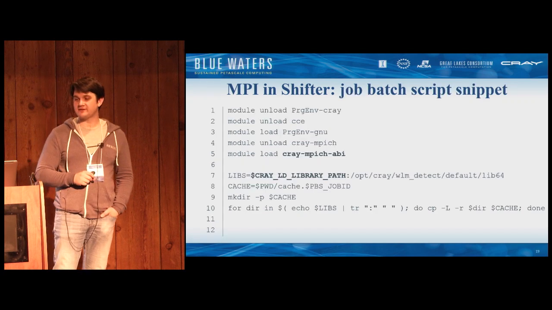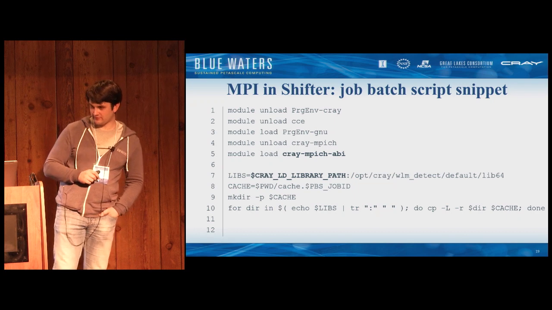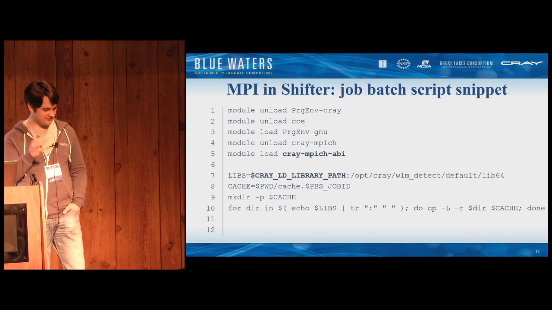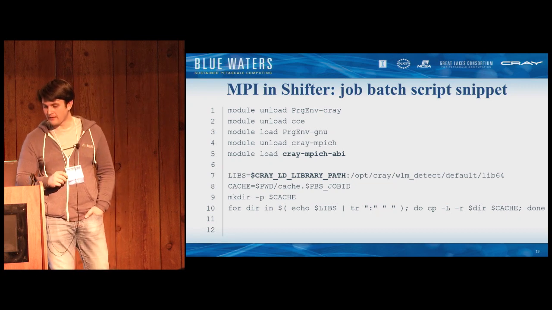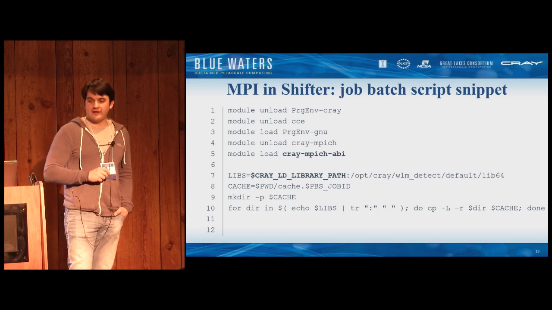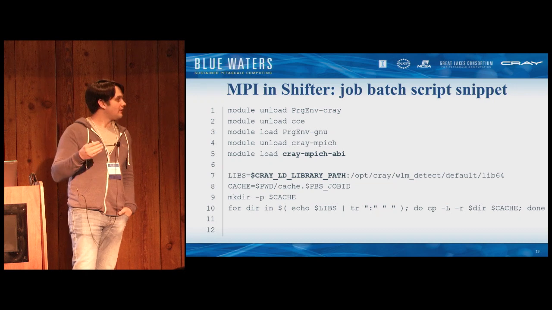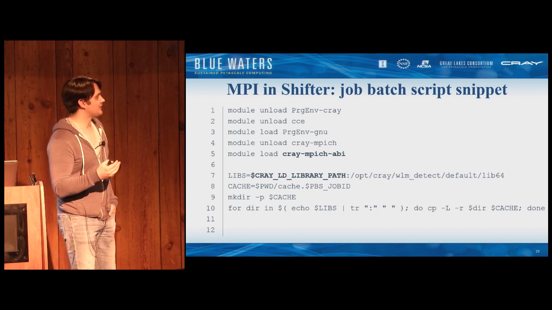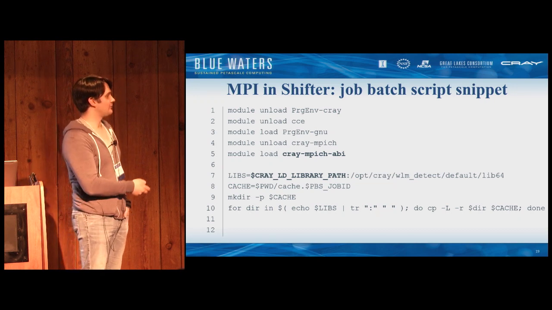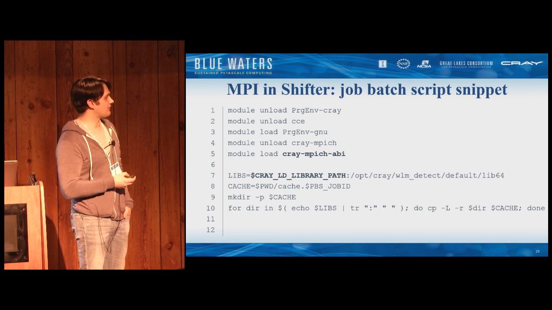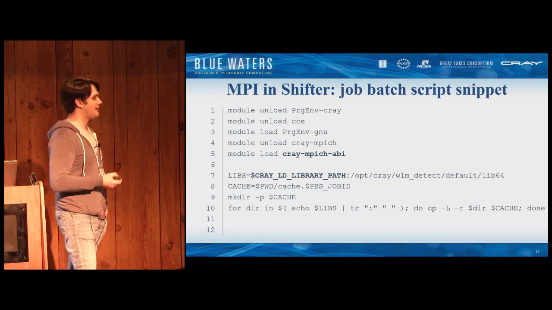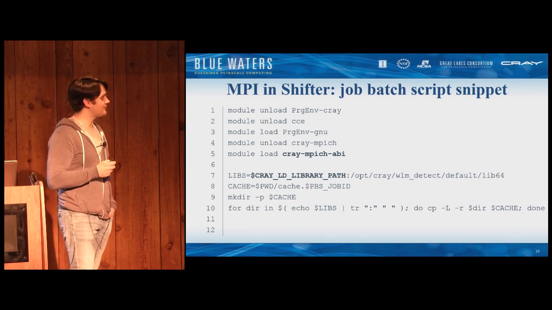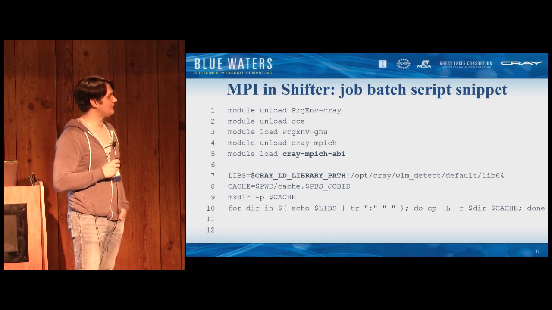So that's the Dockerfile. The next is the job batch script, with that secret thing about LD_LIBRARY_PATH. The first thing that we have to do is, again, unload the Cray environment because we cannot work with it. Well, you can read it. Here we unload that Cray environment, we unload the campus cluster compatibility environment.